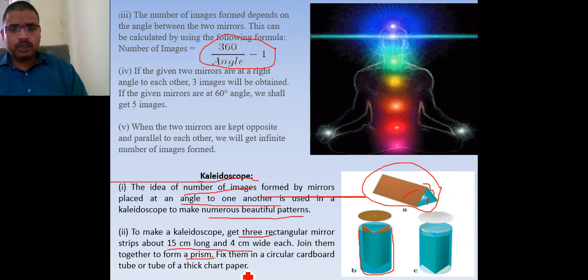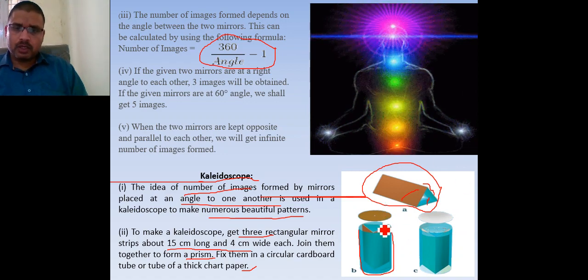Both can be done. Then uncover the upper layer with a small hole. Whenever you look inside this kaleidoscope, you will see beautiful patterns of the different images. So that is all about the kaleidoscope. By this, you can make your own kaleidoscope at home.